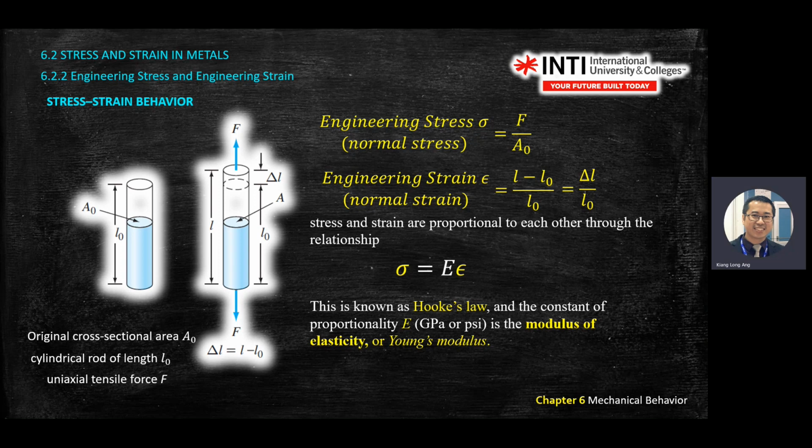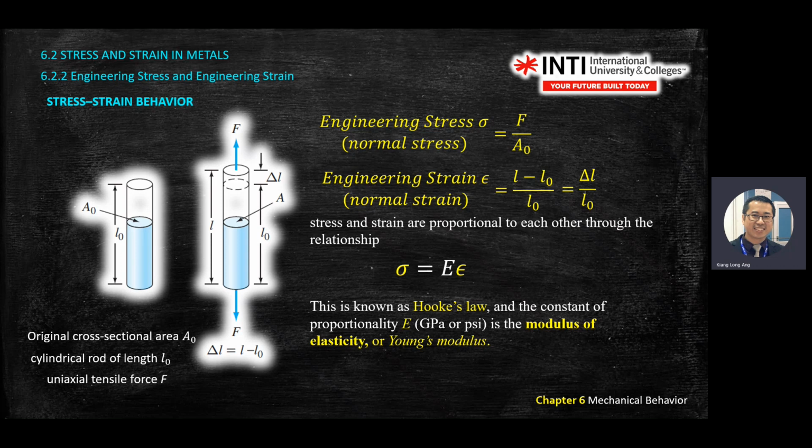Earlier I plotted a graph with a straight line, stress versus strain. This straight line, you know, you can write in mathematics as y equal to mx plus c. How do you calculate your m, your gradient? m equal to y2 minus y1 over x2 minus x1, or change of y over change of x.